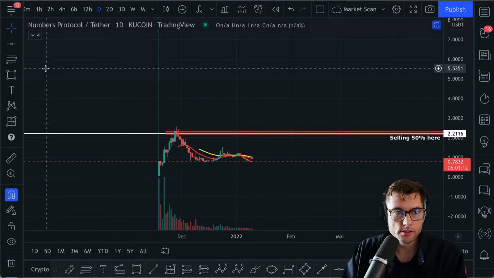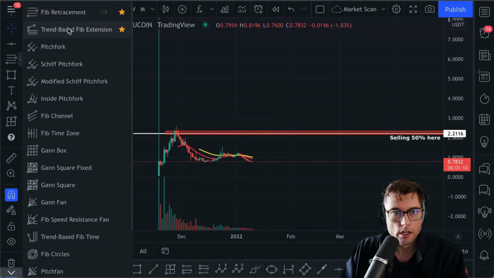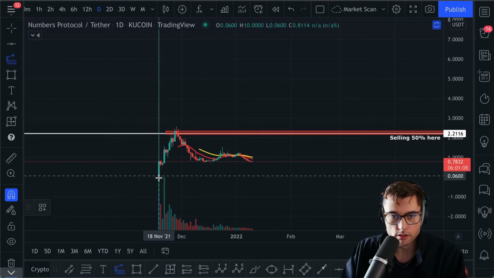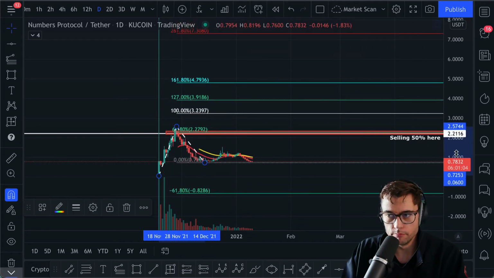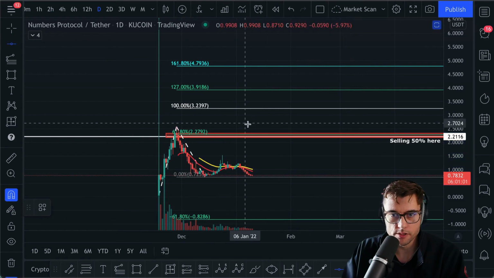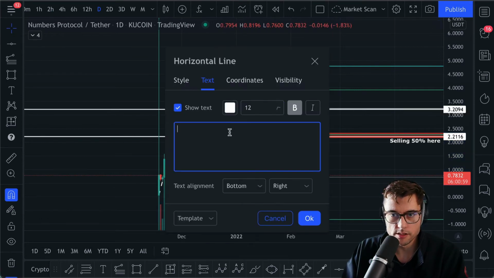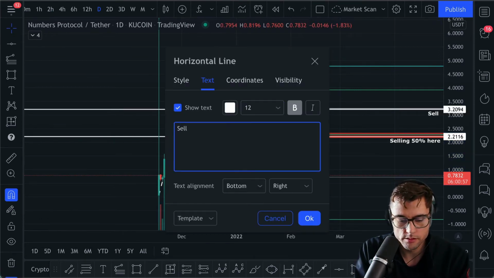Then I'm going to take the trend-based Fibonacci extension, go from the bottom to the top, back down to the bottom, and then at 100%, I'm going to sell another, I guess, 40% here.